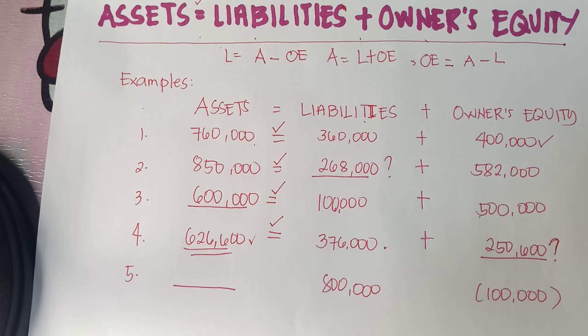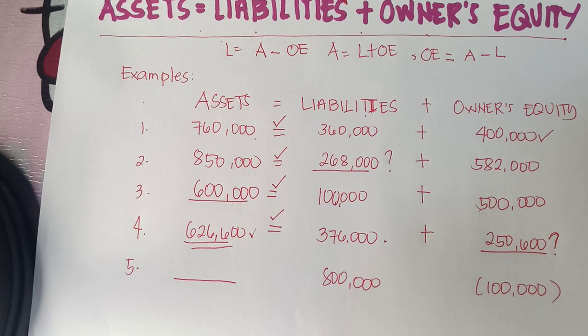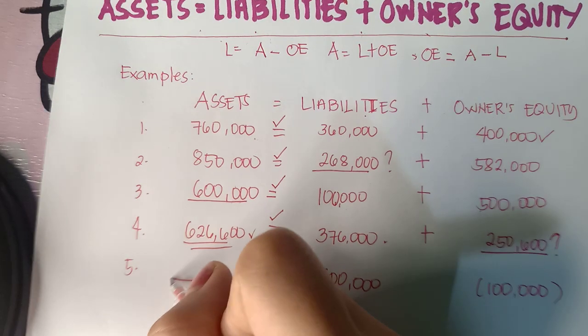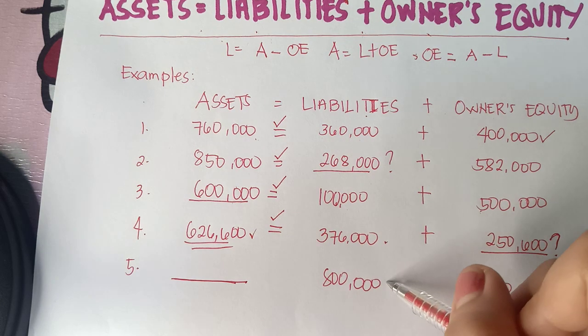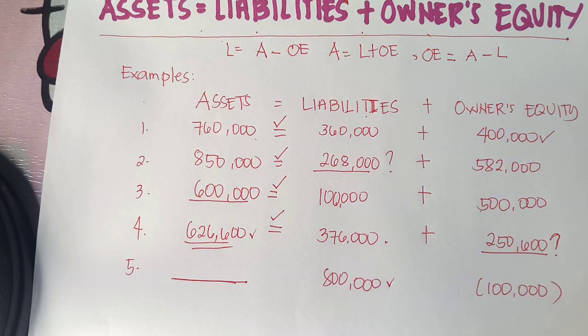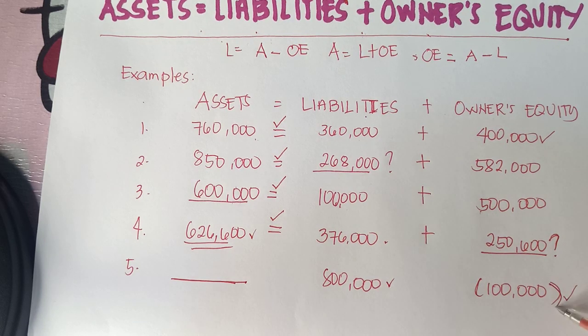Okay, so next example number 5. In example number 5, liabilities is given, which is 800,000. The owner's equity is also given, but it has a parenthesis. It means the owner's equity is a negative value.